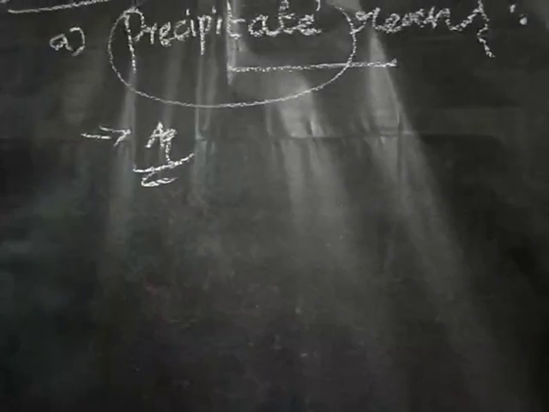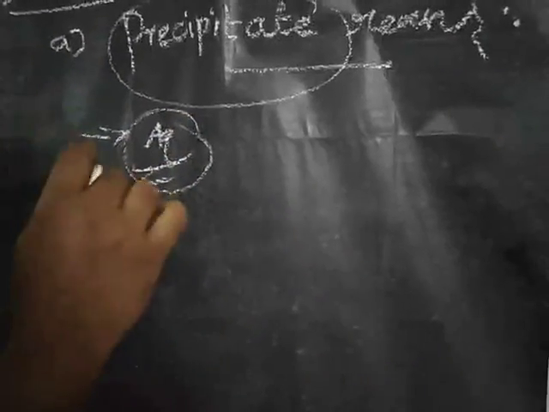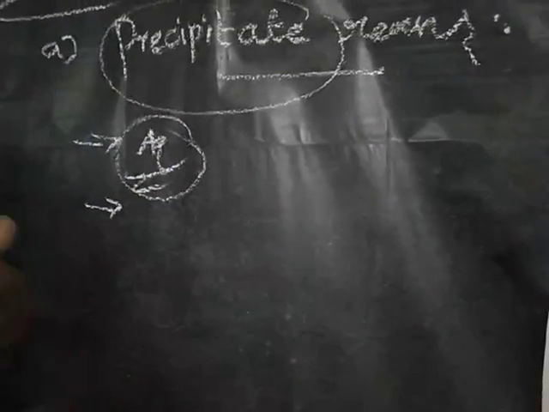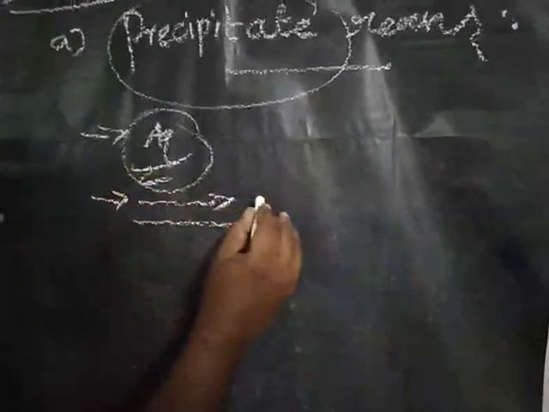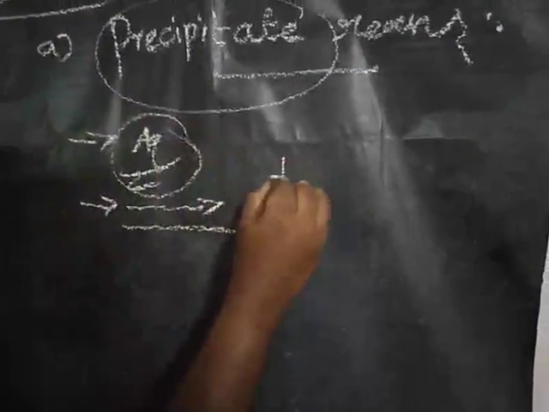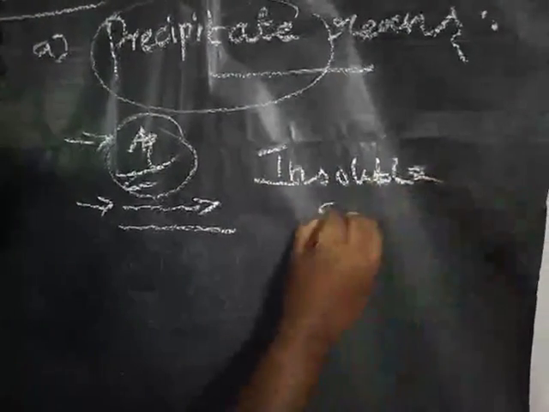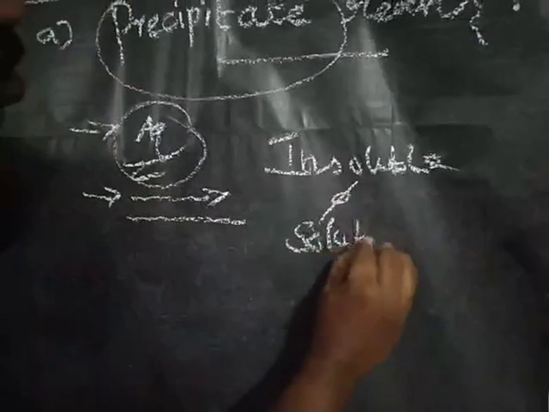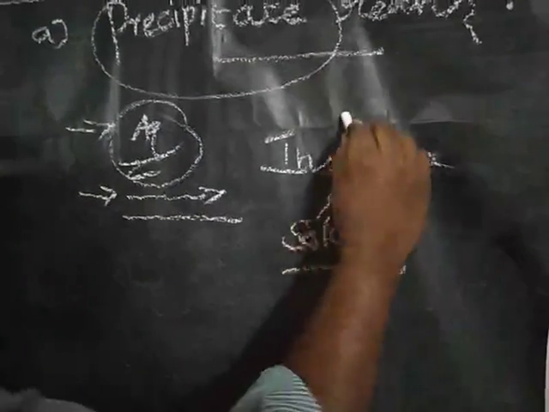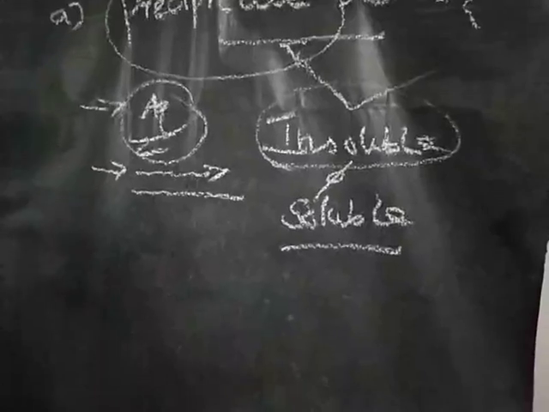So we get 2 types of products: one is insoluble, another is soluble. The insoluble product is known as a precipitate.